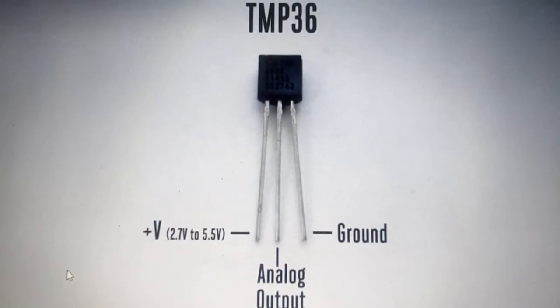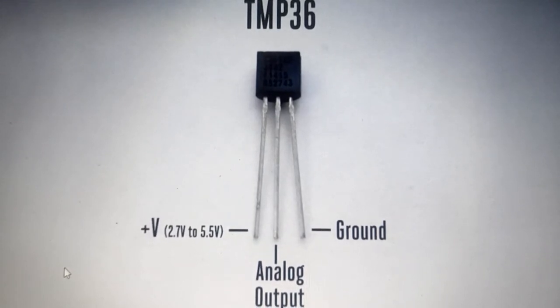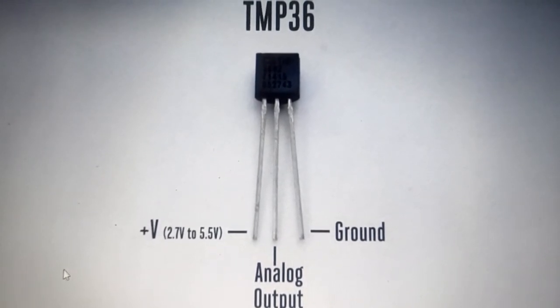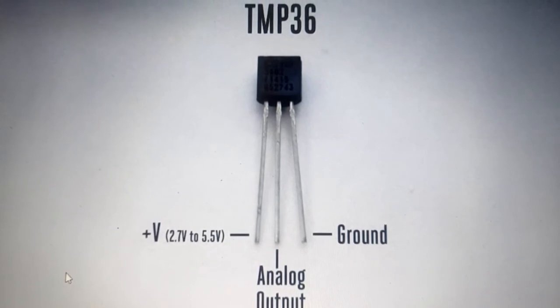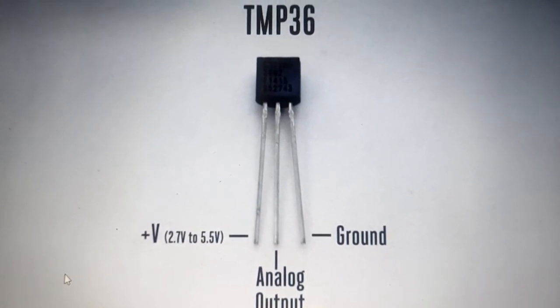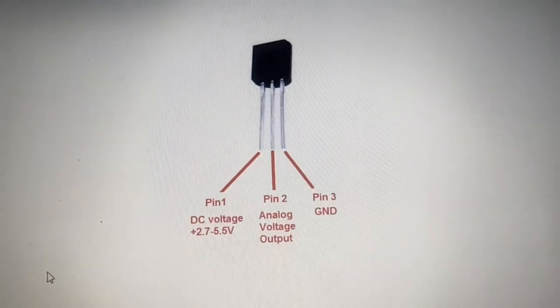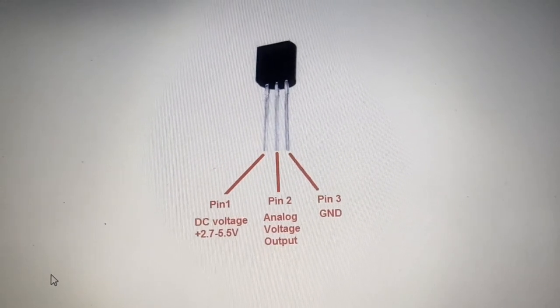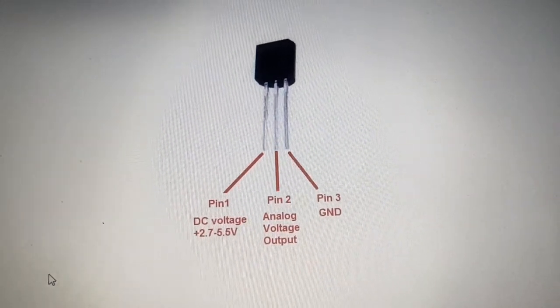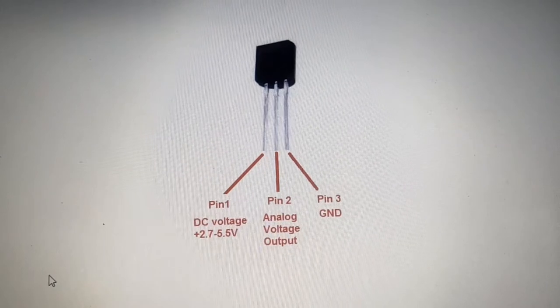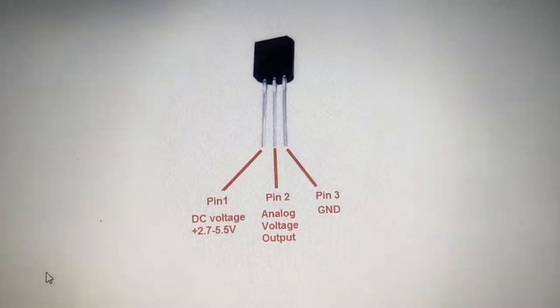In this case, the TMP36 temperature sensor is used. This is a low voltage temperature sensor. In this sensor, the first pin is connected with the 5 volt Arduino pin.